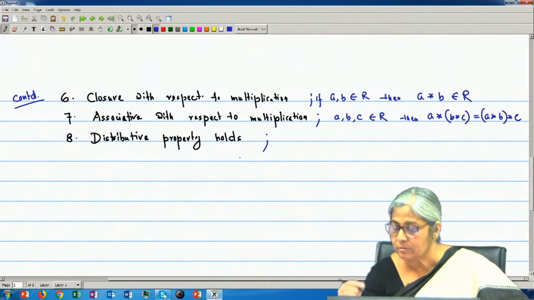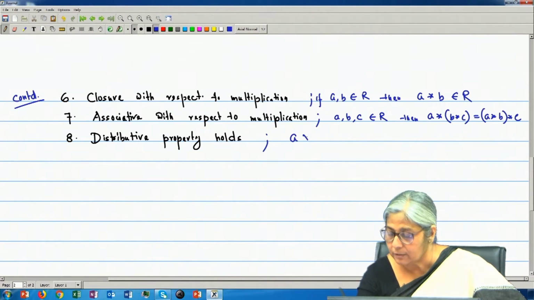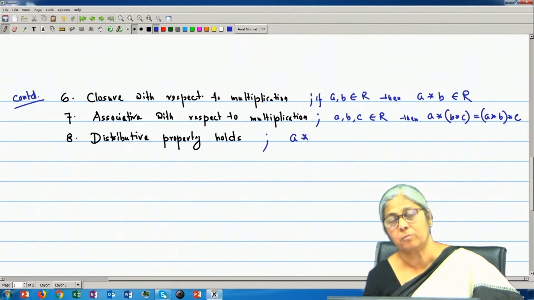Distributive property holds. So, we take that multiplication is distributive over addition.